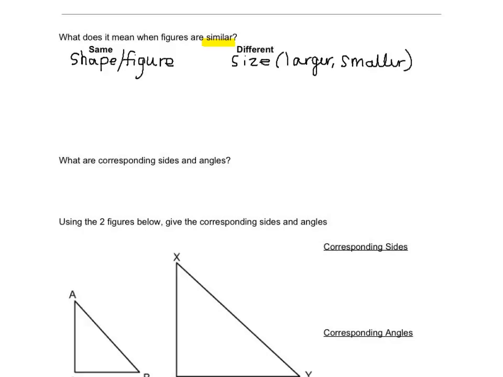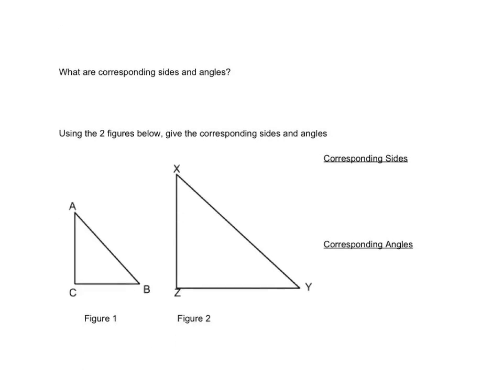So when we are studying similar figures, we often talk about and compare their sides and their angles. And in order to do that correctly, we use the terms corresponding sides and corresponding angles.